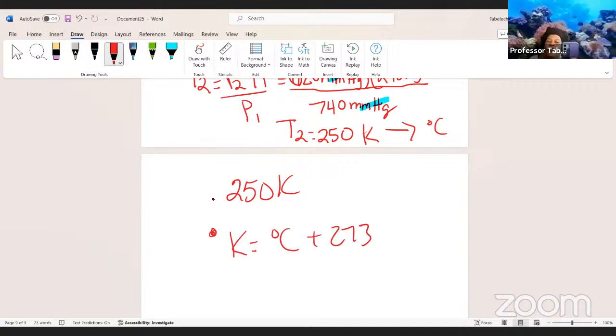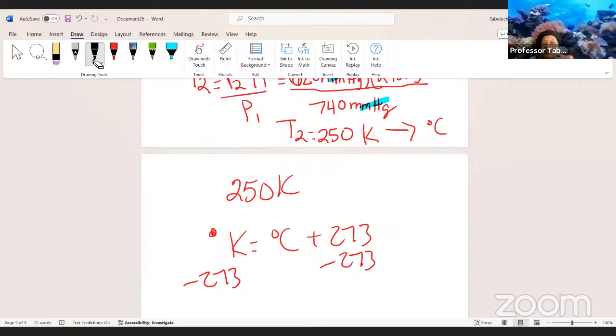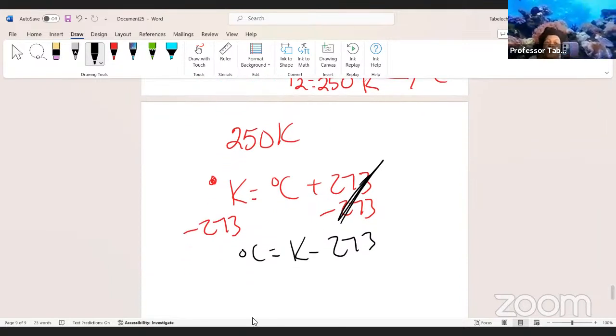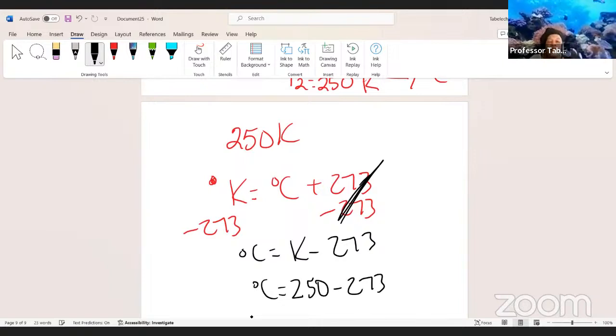But if we're trying to find degrees Celsius, you subtract 273 from both sides, and that's how you end up with degrees Celsius is equal to K minus 273. So yes, we are going to have a negative number because our Kelvin was 250 minus 273. 250 minus 273 gives us negative 23 degrees Celsius.